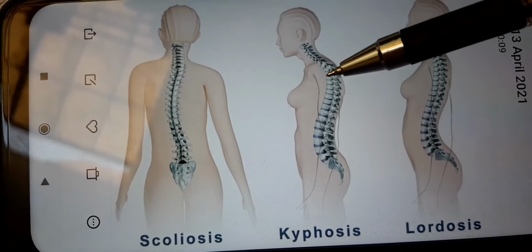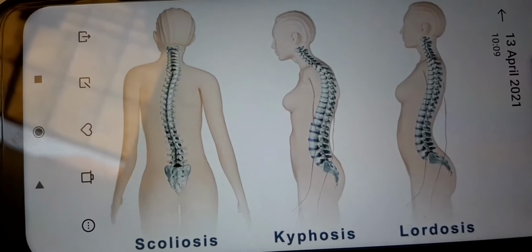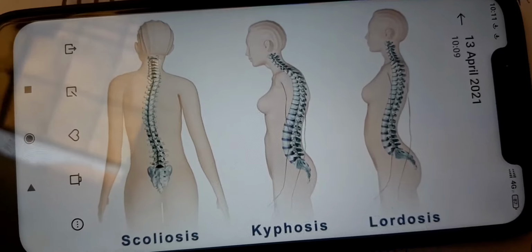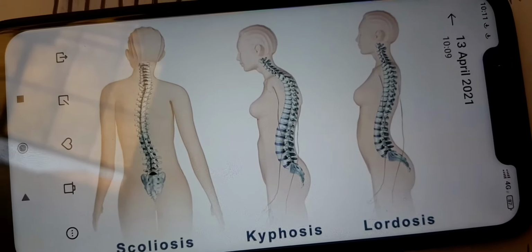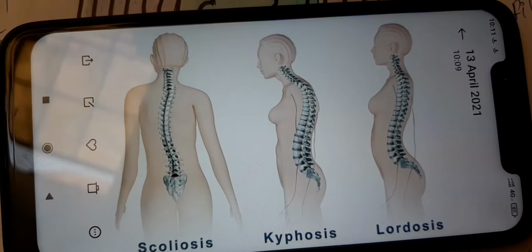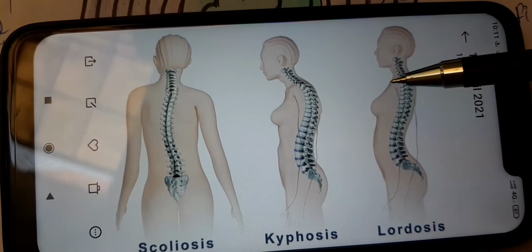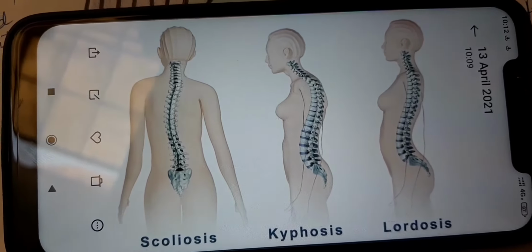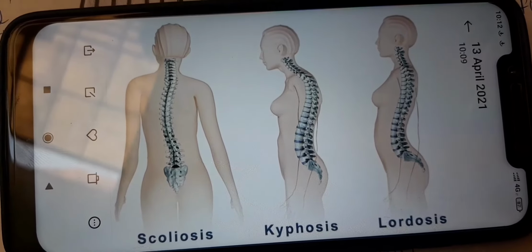So you will see the thoracic region is very much curved. In lordosis you will see a bent back, so the individual goes more to a backward position. So those were the 3 types of deformities of the spine.